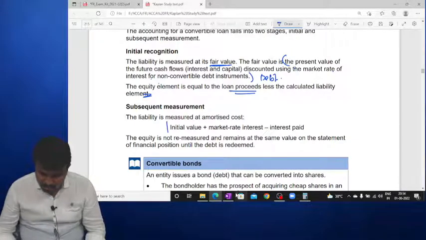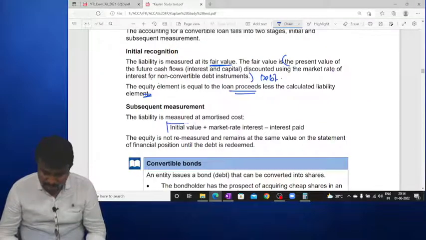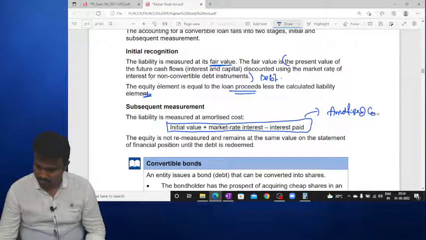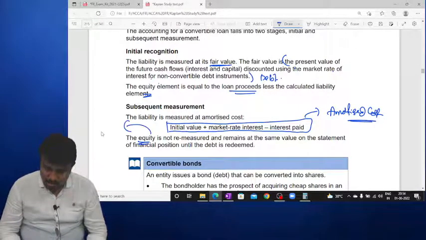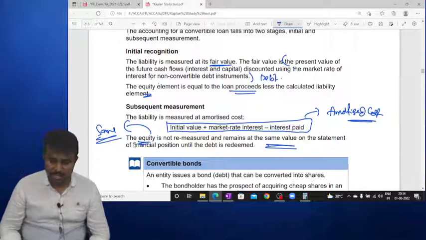Subsequently, remember, in case of the debt element, we follow the amortized cost approach, but the equity portion is always the same. Every year, the equity portion is always the same in the statement of financial position.